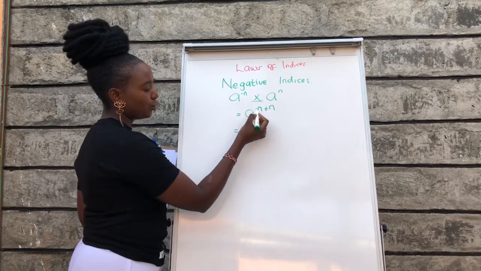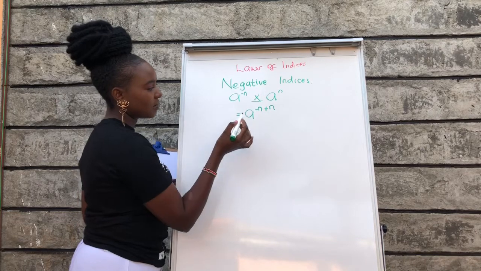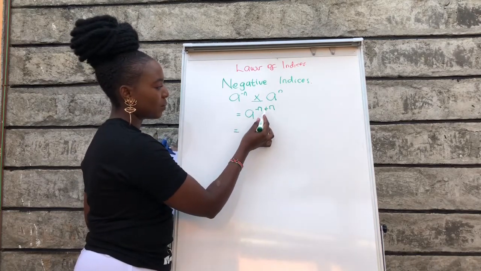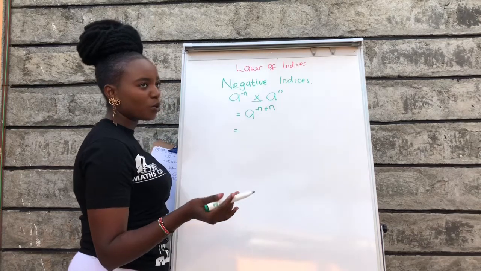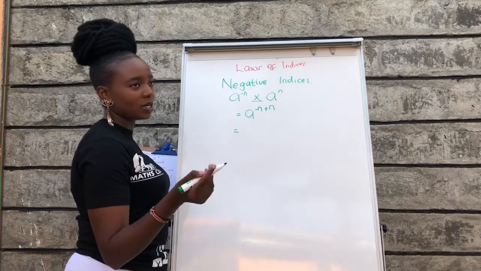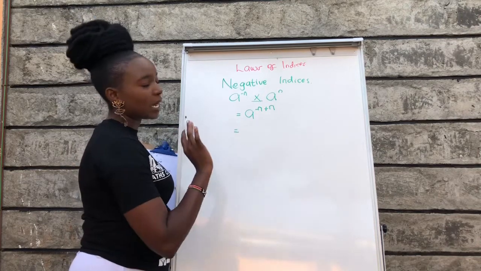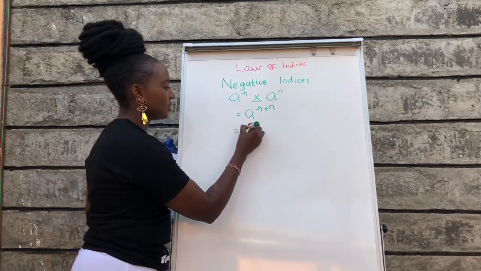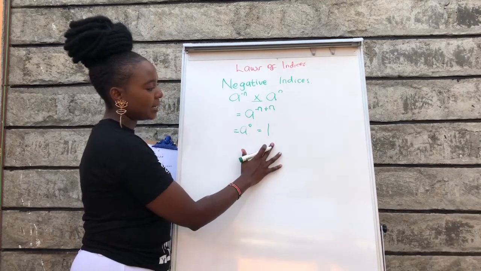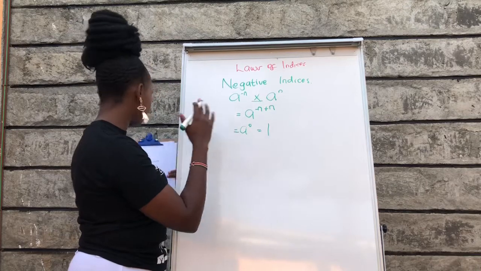Technically, this is a negative and a positive, so it becomes 0. Assume you've gone to a shop and you owe the shopkeeper 1 shilling, and then you pay him the 1 shilling, so your debt clears. It becomes 0. A raised to 0 is 1. Any number raised to 0 is 1.